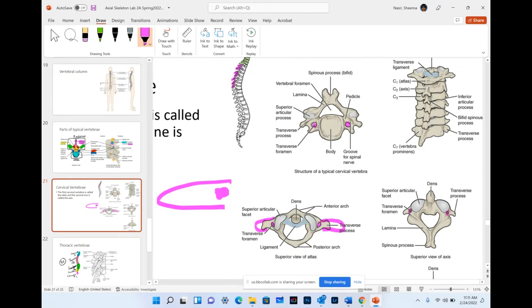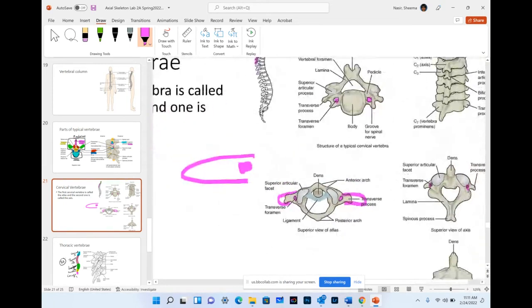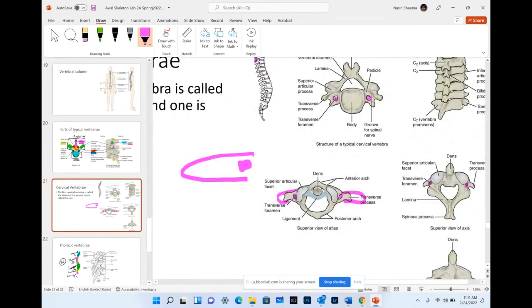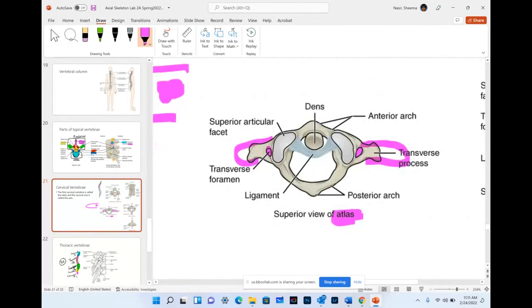Now C1 is C1 because, remember, your spinous process is present posteriorly on all the vertebrae, but atlas does not have a spinous process.